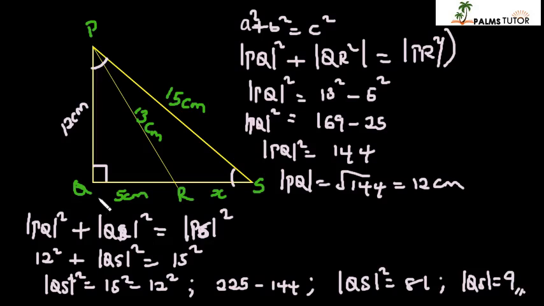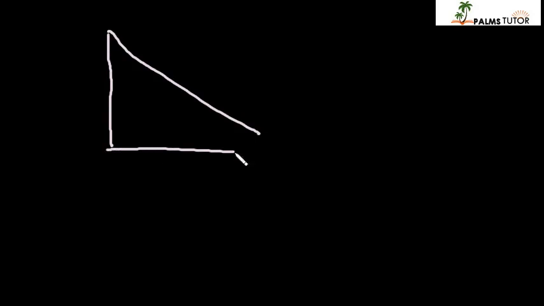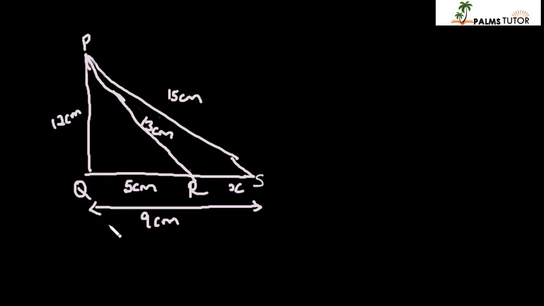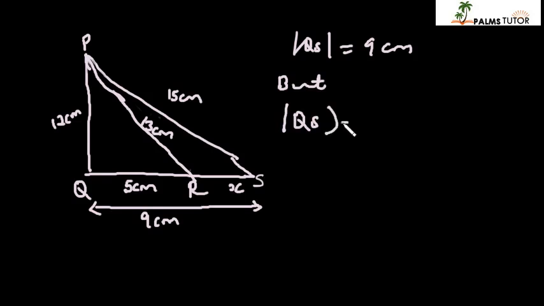So now, from here to here is 9, which means we can label our new triangle as this. The right angle triangle can now be labeled as this, since QS is now 9 centimeter. So we know that line QS equals 9 centimeter, but line QS equals line QR, that's from here to here, plus line RS, that's from here to here.